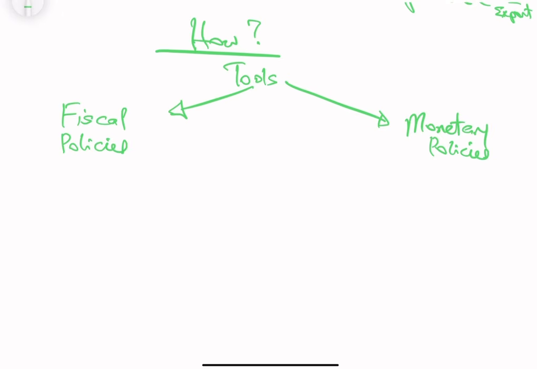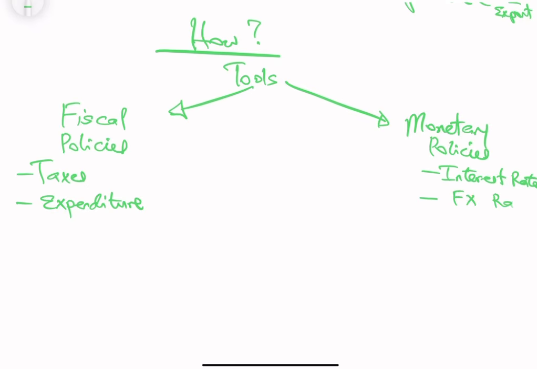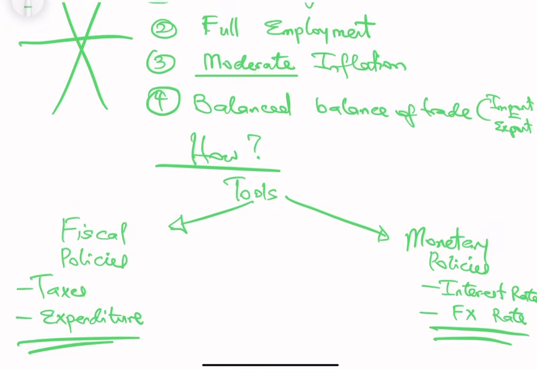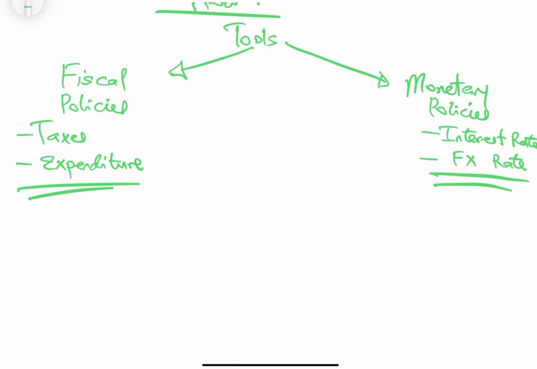When they are using fiscal policies, they are using taxes and government expenditure. And when they are using monetary policies, they are using interest rates, policy rates, or the foreign exchange rate. So these are the tools that they will use to achieve these four objectives. And they can decide to use any of them.